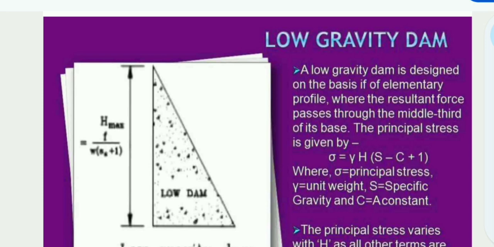Principal stress is given by sigma equal to gamma h into (s minus c plus 1), where sigma is the principal stress, gamma is the unit weight, s is the specific gravity and c is a constant.